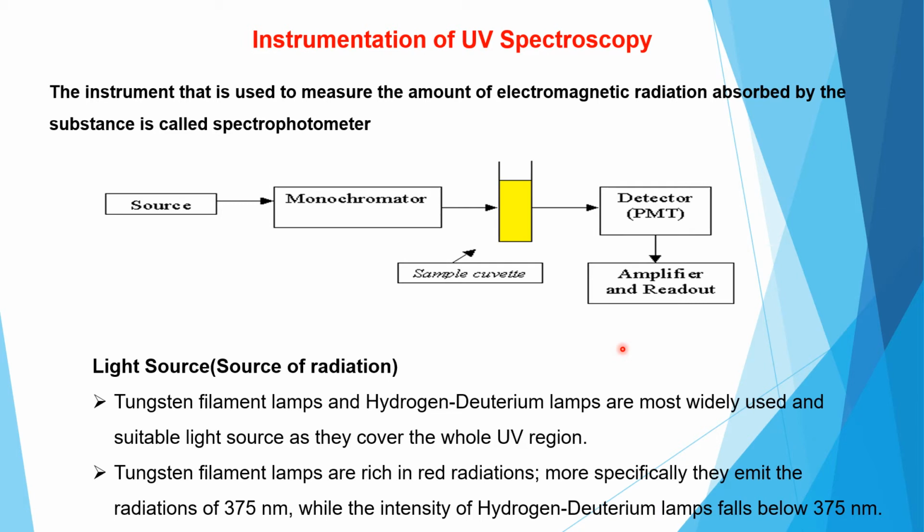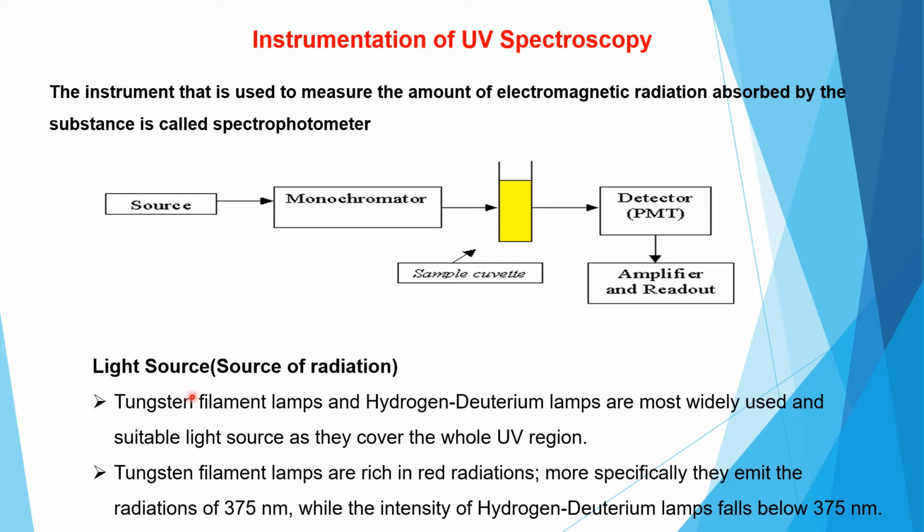So a simple block diagram for UV visible spectroscopy is: source of radiation, then monochromator, then sample cuvette, then light falls on the detector, and then the amplifier. We will see each component one by one.